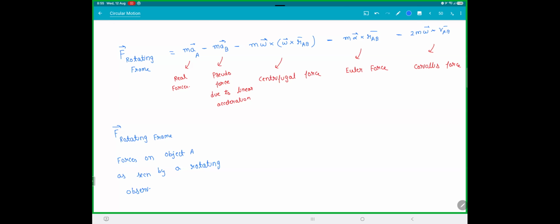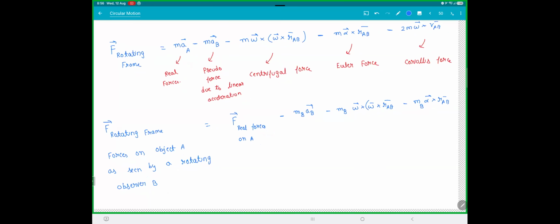Because the observer is rotating, all the forces you will see: M into A is all the real forces. These are the actual forces acting on A. This MAB will be your mass of B into acceleration of B. That's your linear pseudo force. So this is MB into omega cross RAB. This is your centrifugal force. M into, again, that is also B only, M into alpha RAB. Yeah, there's a lot of terms there.